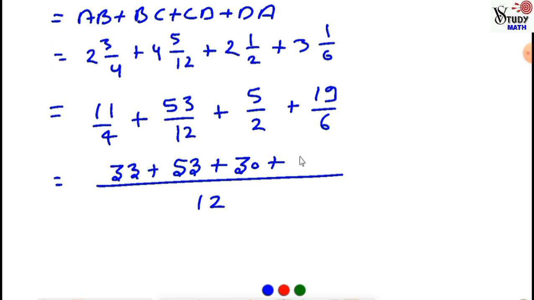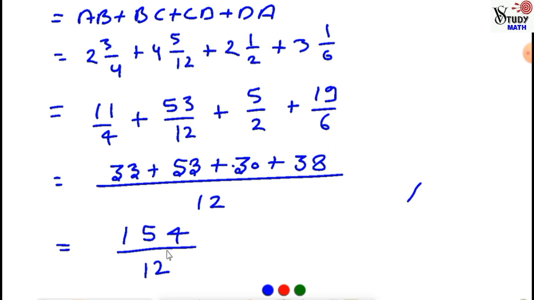Now add them. 3 and 3 is 6, and 0 is 6, and 8 is 14, 1 carry forward, 3 3s is 9, 9 and 5 is 14, 14 and 1 is 15. So we have 154 divided by 12.